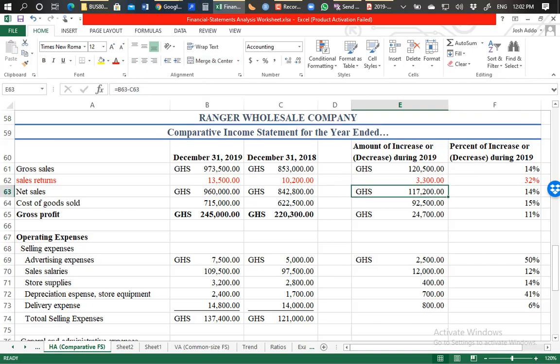Yes, the 10%, but let's also look at the corresponding CD values. The increment of the advertisement was 2,500 Ghana cedis, generating an increment of 117,200 Ghana cedis of net sales. So would you say it's a good thing or a bad thing? Or is the advertisement yielding some positive results, or it is not doing anything?